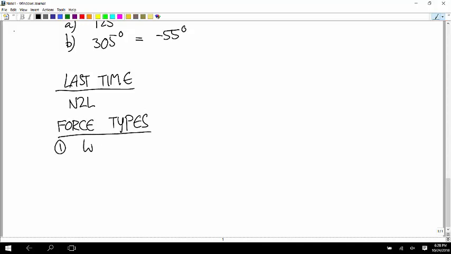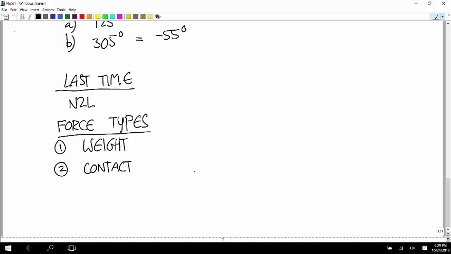The first one is the weight force, the force applied by gravity. And then besides that, all you're dealing with are contact forces. If you think of it that way, it makes it a lot easier to know when you've dealt with all the forces in a problem. You deal with the weight force, and then you think about going around the boundary, and there's some kind of force every place that the surroundings are touching the boundary. And then once you've done that, you're done.